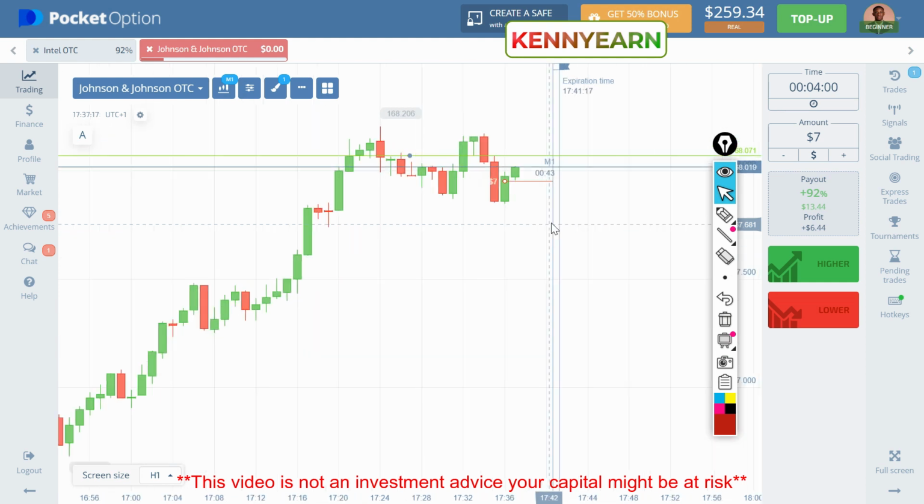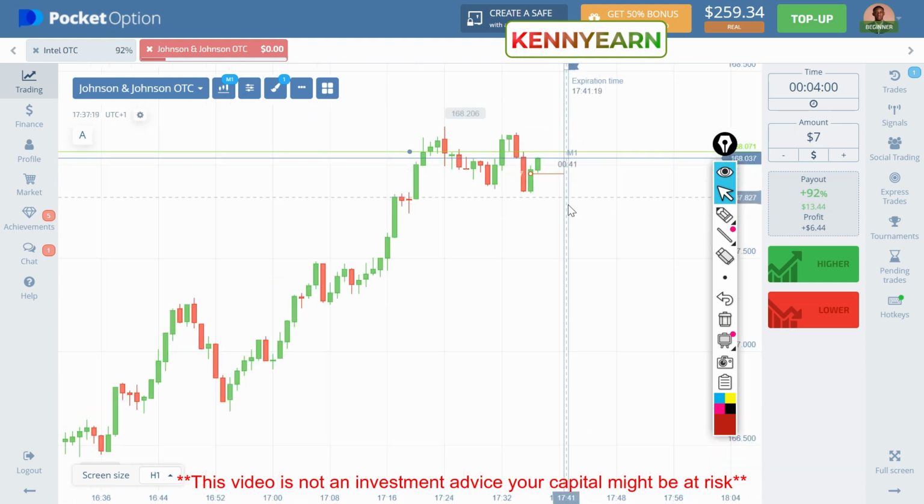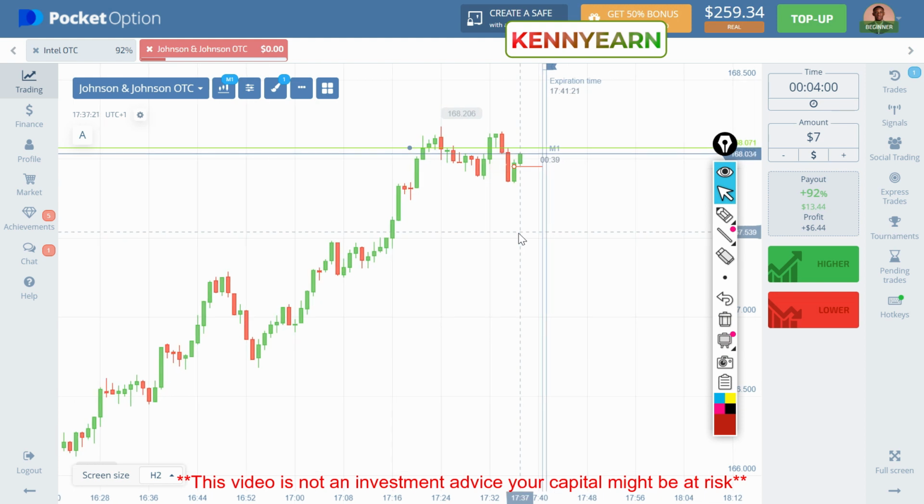So you can see my first trade has closed in profit. That was a good idea. And now I'm on the second trade, which I added as the first one was running, because I can clearly see the market direction.